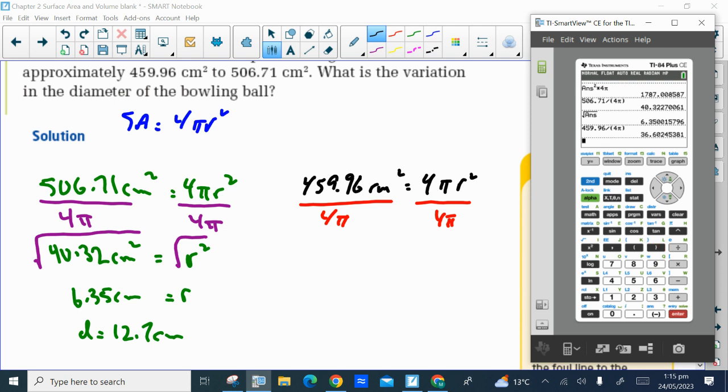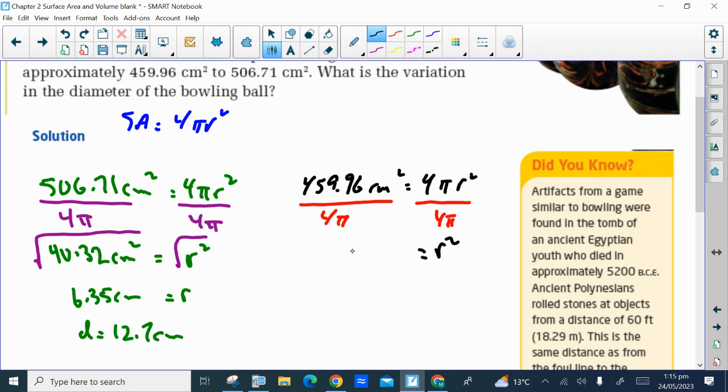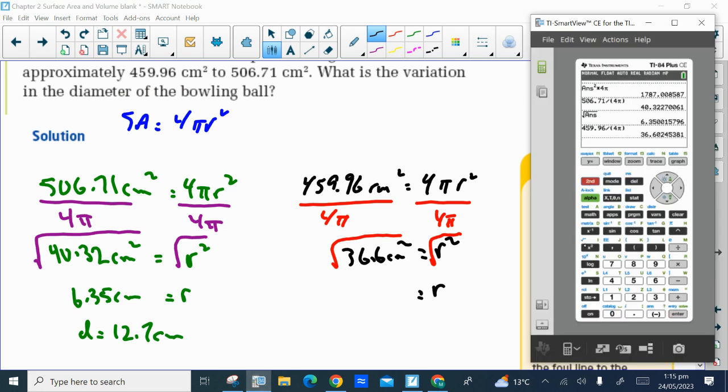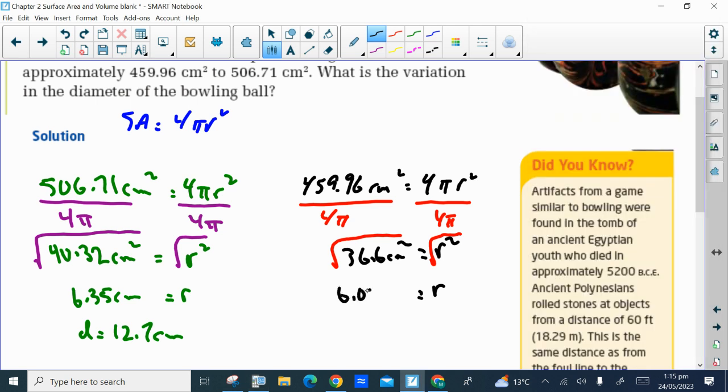So r squared will equal 36.6 centimeters squared, which again, we will take the square root of both sides to get r. So 6.05 centimeters.